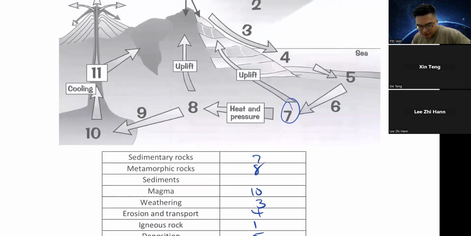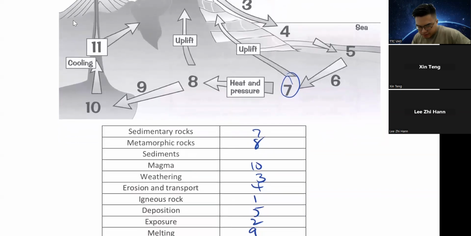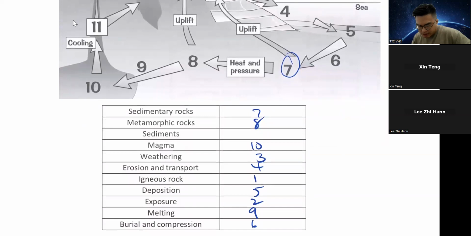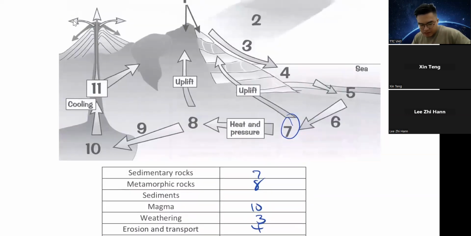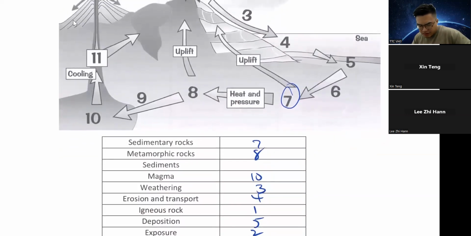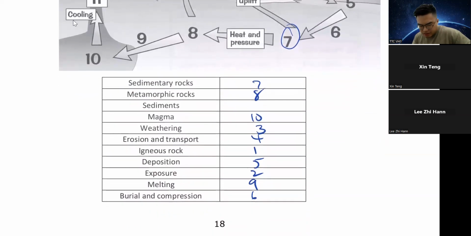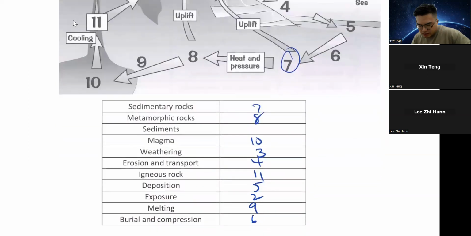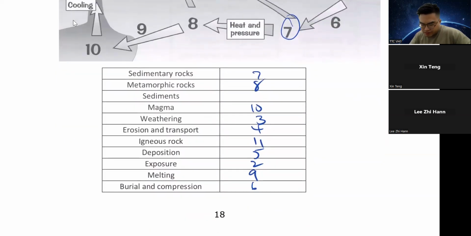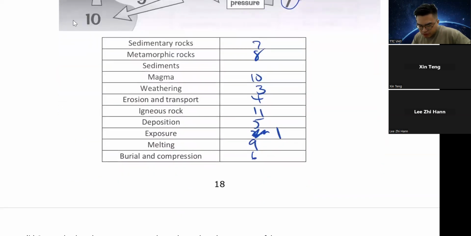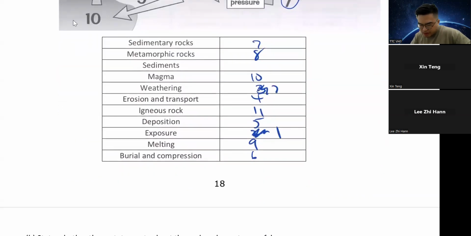Okay, what is 11? Sorry guys, I think it's a bit confusing here. I think 11 should be magma, right? I think 11 should be, we have no choice. 11, we have to say it's igneous. 1 is exposure. 2 is weathering.